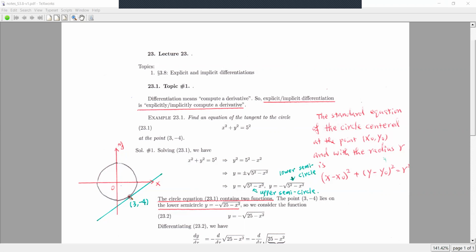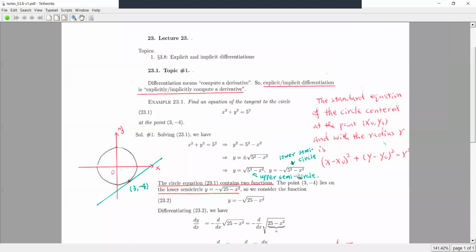Because this point is on the lower semicircle, to find the slope of this tangent line, we take the derivative of this function. This function is not a product, not a function times another function.